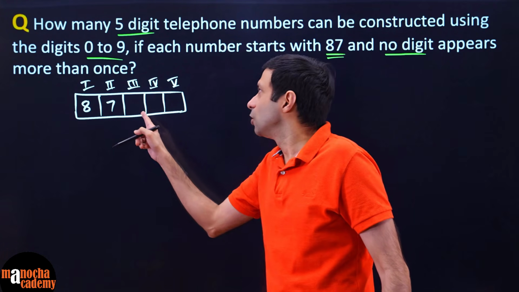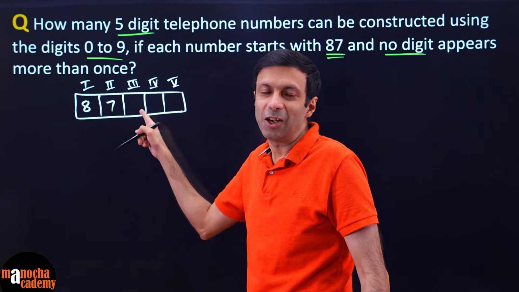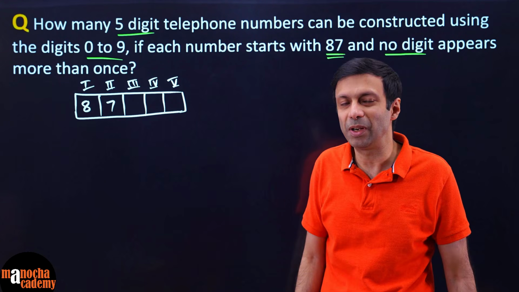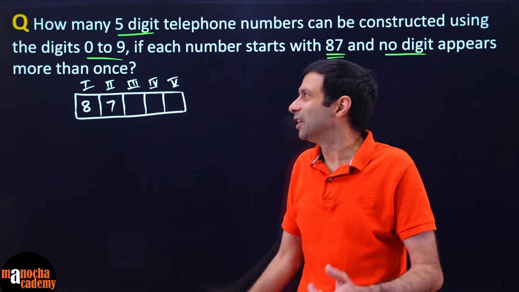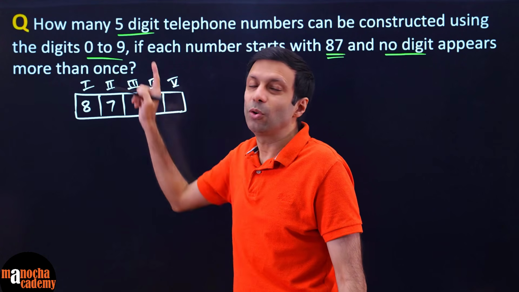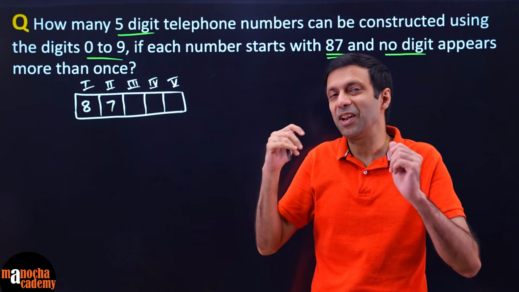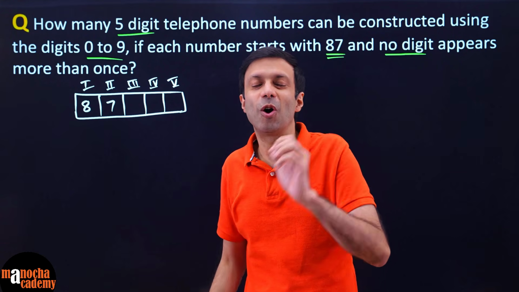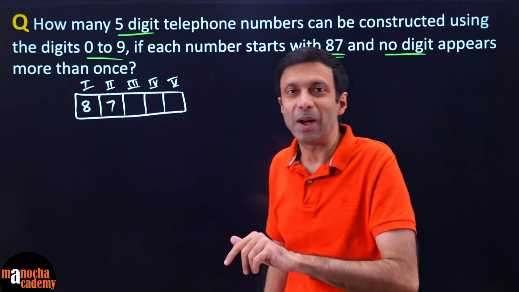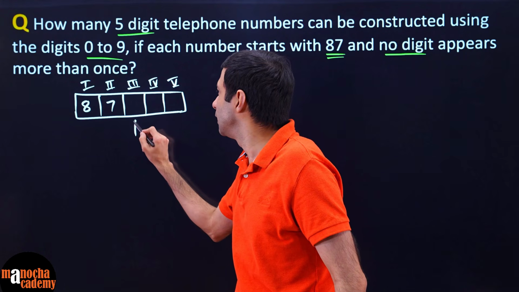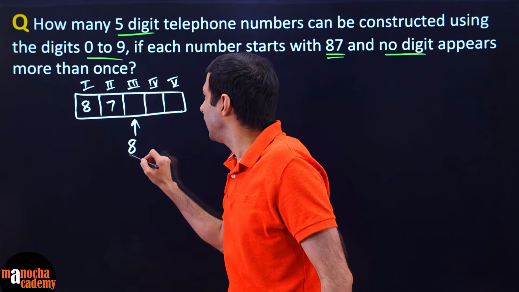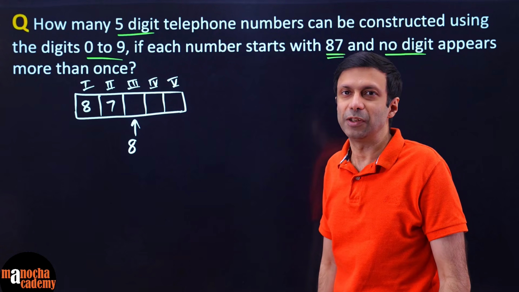Okay. Now you have your choices of whatever digit you want to put in. So let's start off. For the third digit, the third box, how many possibilities do we have? How many choices here? Actually from 0 to 9, there are 10 digits, but 2 have already been used. 8 and 7 have already taken the first 2 places. So how many digits are left? That's right, 10 minus 2, 8 possibilities here. So I can put in 8 different digits in the third digit.